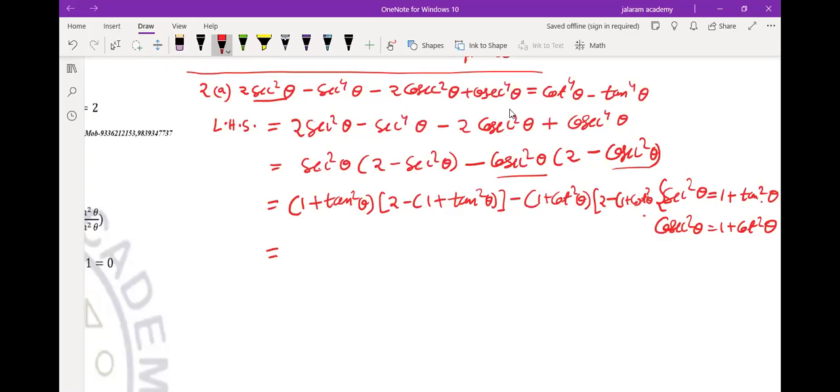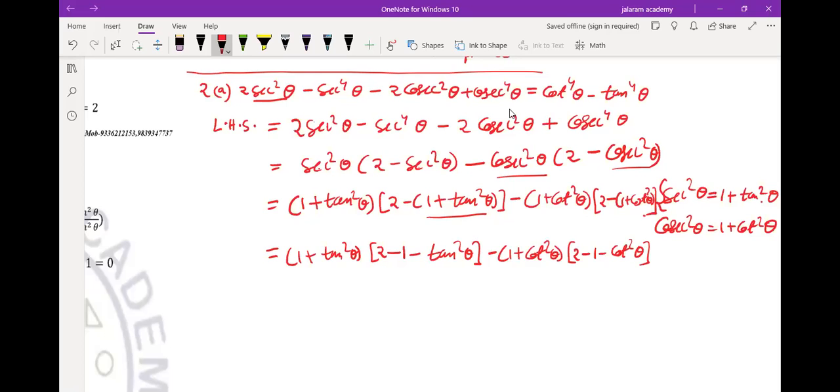Nothing is wrong. Then 1 plus tan square theta into, in the second bracket, when we open the small bracket, minus is outside the bracket. So 2 minus 1 minus into plus minus tan square theta, minus 1 plus cot square theta into 2 minus 1 minus cot square theta.